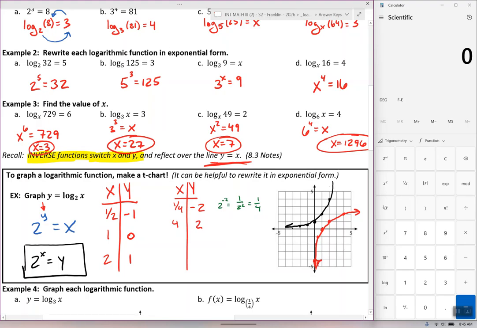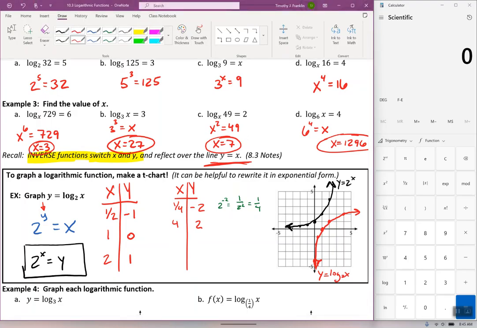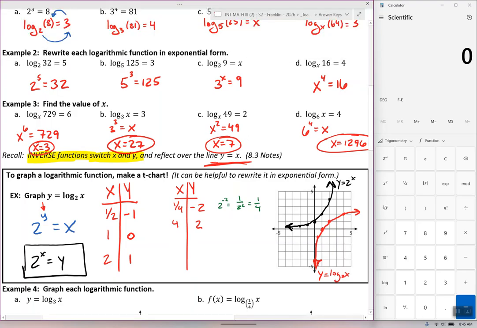This is the inverse function of that. And that should match. So this is y equals log base 2 of x, which is the inverse function for y equals 2 to the x. And if you look at that graph now, that is reflected across the line y equals x. So truly this is the inverse of that function.